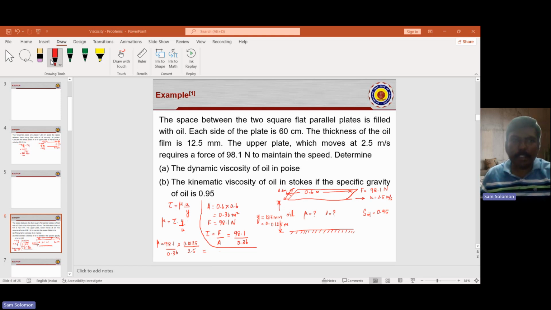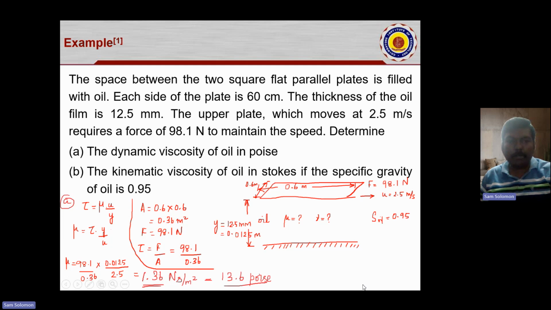So it is 1.36. So the answer here is 1.36 Newton second per meter squared. But they want the answer in poise, so simply multiply it by 10. So it is 13.6 poise. Okay, so with that, we are able to get the solution for subdivision A. So the dynamic viscosity of oil is 13.6 poise.